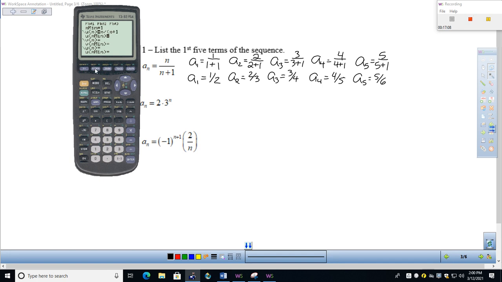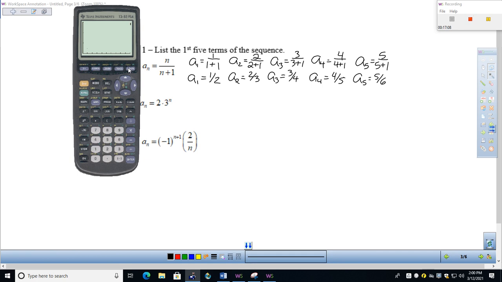And I'm going to hit window here just to make sure everything is good. So n, we're going to go from 1 to 10 there. I think I'm going to change the y, just move it up a little bit. We'll see. Just speculating on what we might see here, but I'm going to go ahead and hit graph, and that's fine. Again, if you didn't change it, no worries.